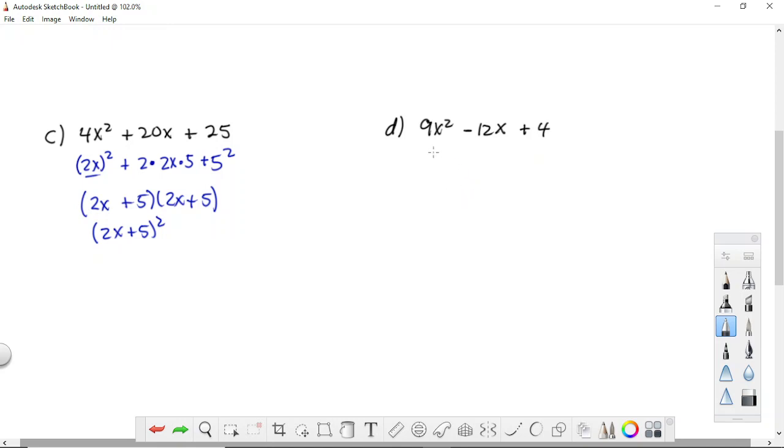So when we write the first term as a square, that's 3x squared. We write 4 as a square, that's 2 squared. And then in the middle, this pattern works for minus as well, but what we want to see here is 2 times the 3x times 2.